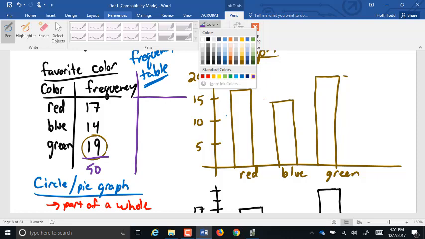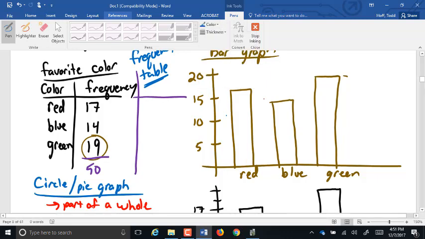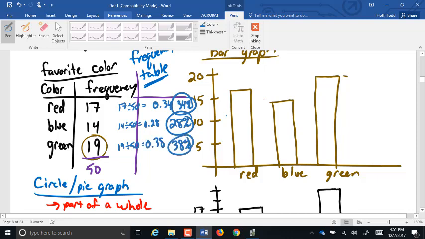So that means this would be 17 divided by 50, which is 0.34 or 34%. 14 divided by 50, which is 0.28 or 28%. 19 divided by 50, 0.38 or 38%.